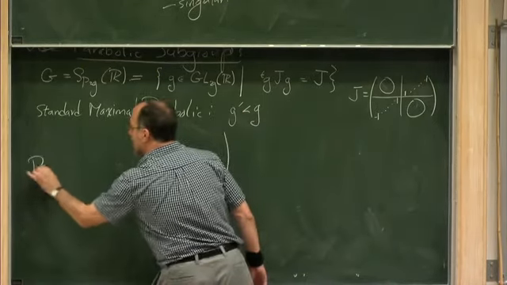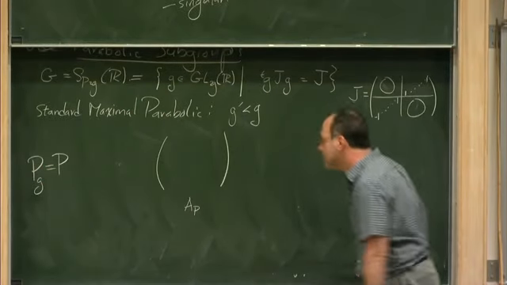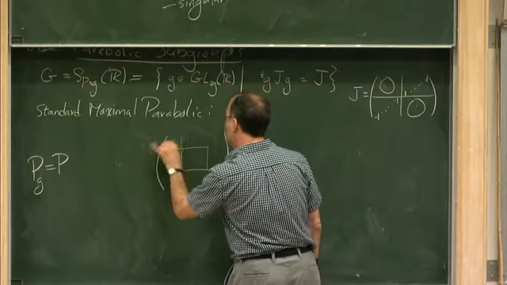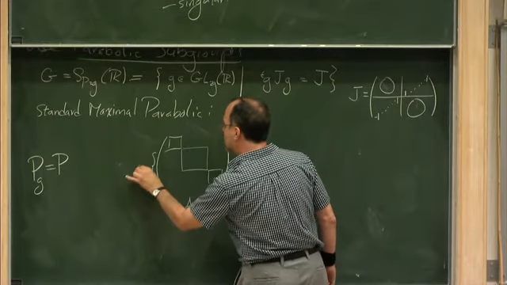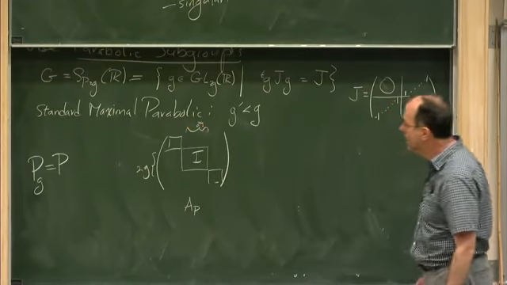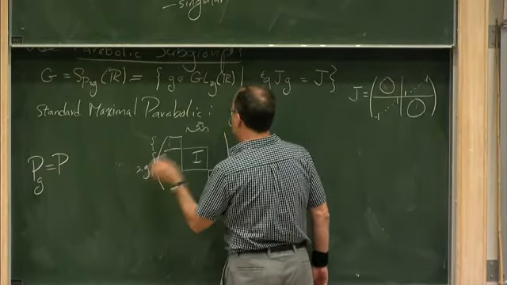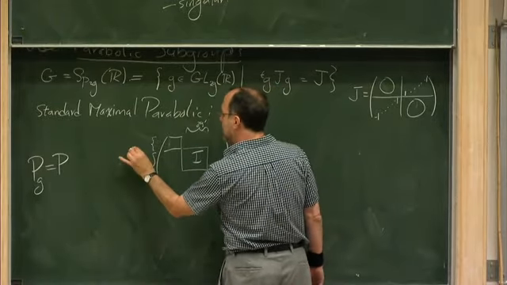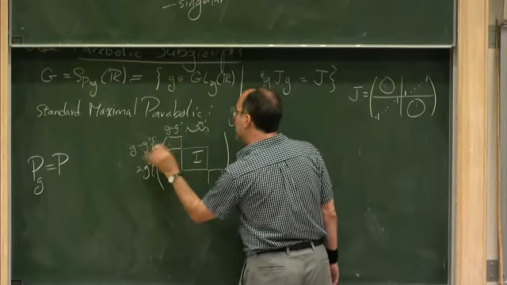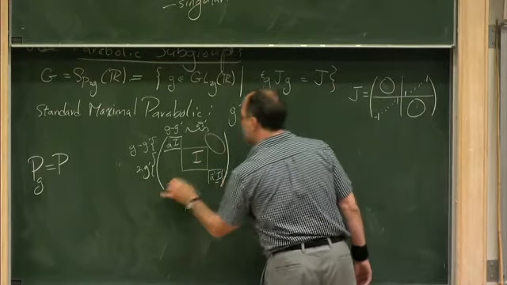So I'm trying to define what P_{g'} is, but I'm also going to write that as just P. And it's basically this. So this is a 2g' by 2g' block in the middle, which I put the identity in. And in here, which is g minus g' by g minus g', I just have a times the identity, and here I have a inverse times the identity, 0 everywhere else.